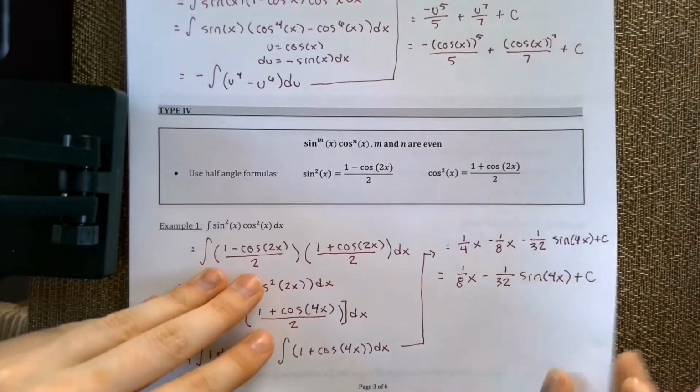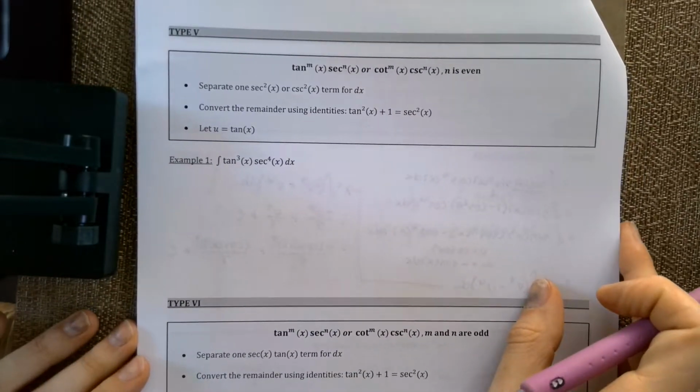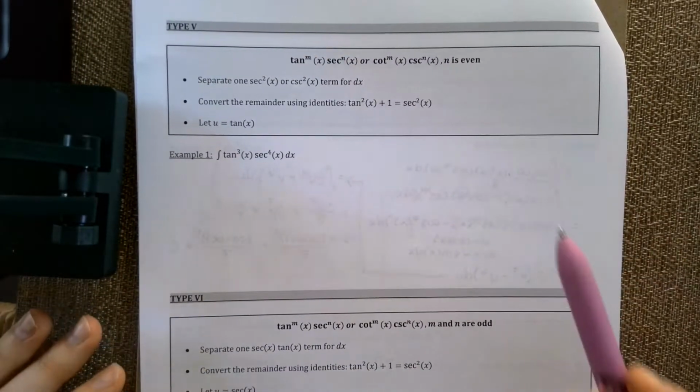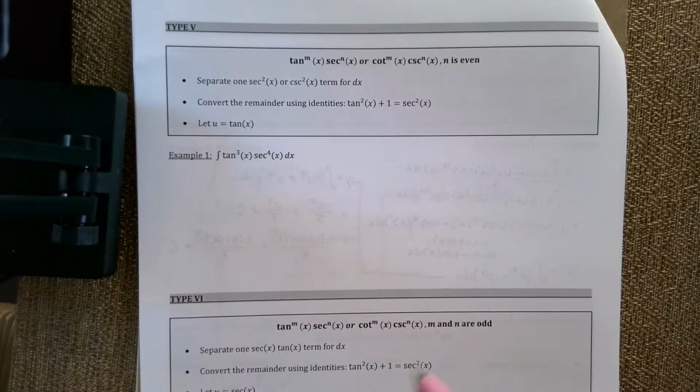Okay, so the last type here, or excuse me, I guess last 2 types. Let's get down, I got type 5. In this case, we're not dealing with sine or cosine anymore. We're dealing with tangent and secant, or cotangent and cosecant.